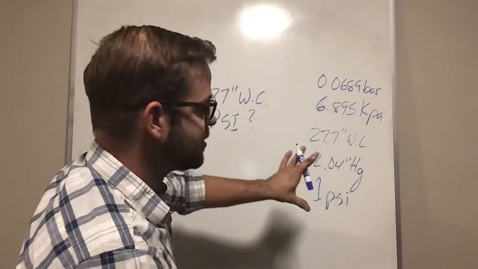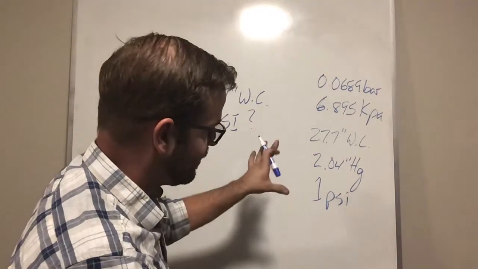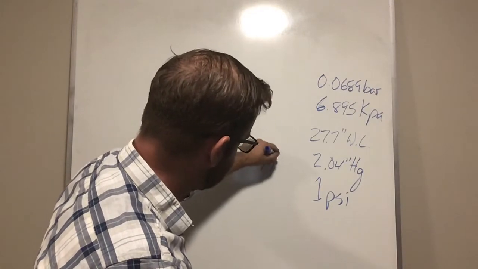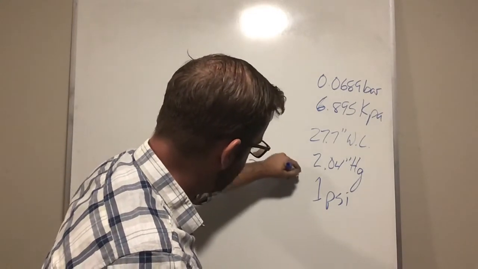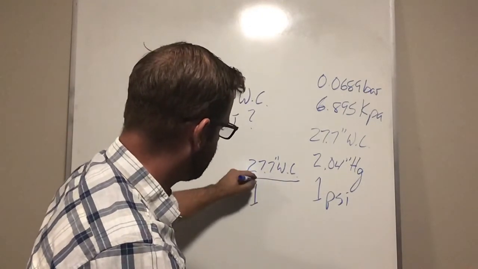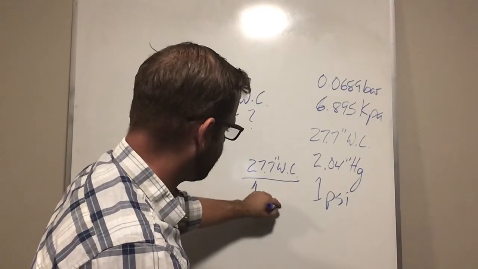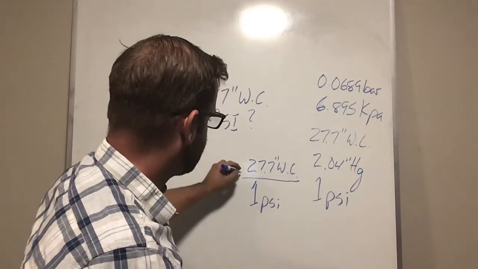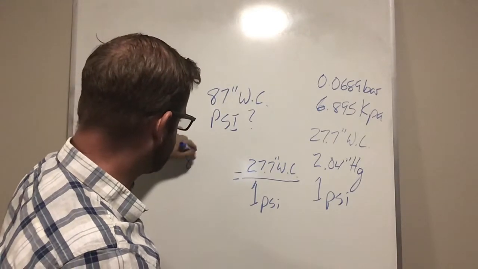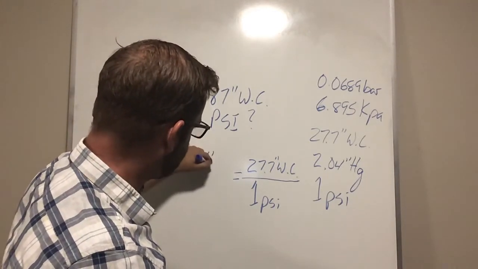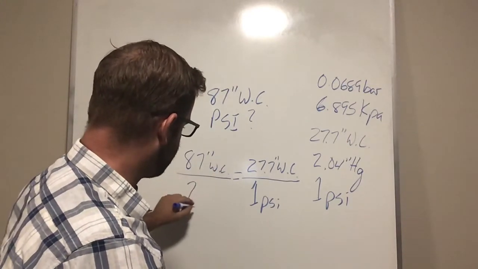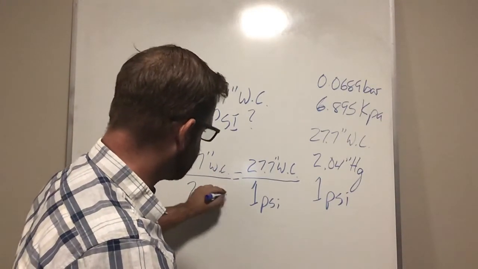The easiest thing is to do what they equate to. So I'm going to put 27.7 inches of water column here, and that is equal to 1 psi. Now I have 87 inches is what I'm working with, and it equals an unknown psi. This is the easiest way to do these.